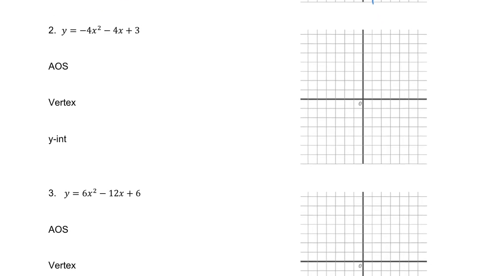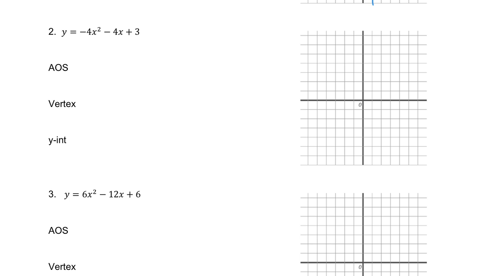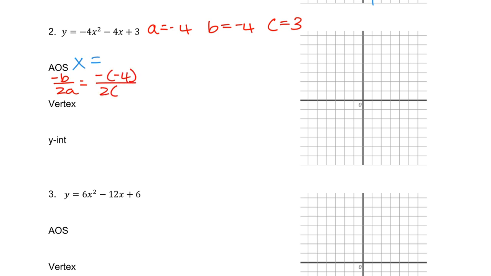For number 2, A is -4, B is -4, C is 3. So my axis of symmetry is x equals something. So we have -4 over 2 times -4.